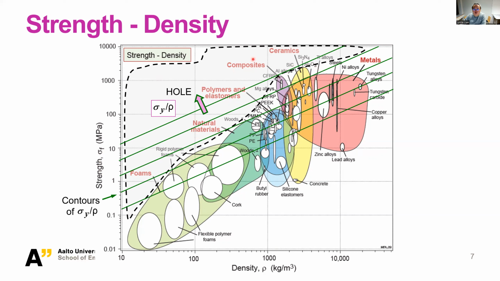There's a huge area, a big hole remaining here, where no materials are possible. Basically, here is our limit. Of course, if you combine stiffness, strength, and more, you will see a really bigger hole to fulfill. And this is the vector of material development for strength and density.